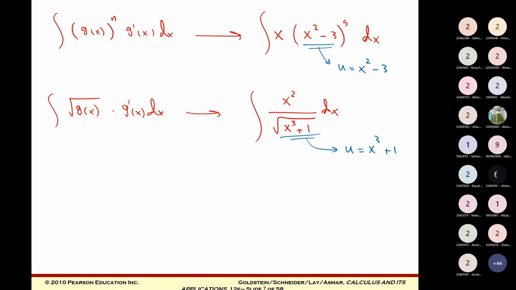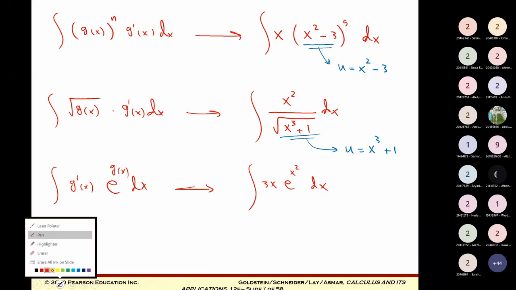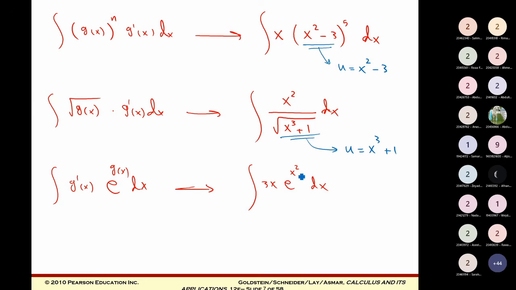Also, if we have an exponential function, for example g prime and e to the power g dx, for example 3x and e to the power x squared dx, here we must use substitution. Let what? Let g, where is g? In the exponent. So let u equal x squared.